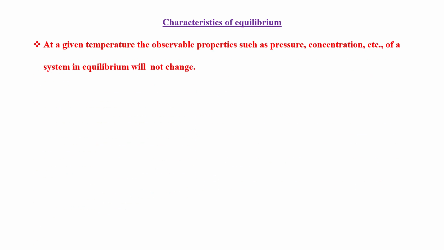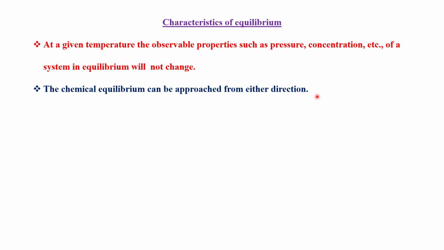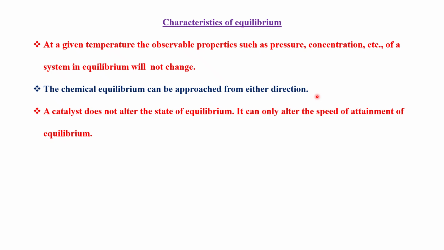The equilibrium has certain characteristics. At a given temperature, the observable properties like pressure and concentration do not change at equilibrium. It contains both forward and backward reactions, and it can be approached from either direction: first forward then backward, or first backward then forward. A catalyst does not change the equilibrium position; it only alters the speed.